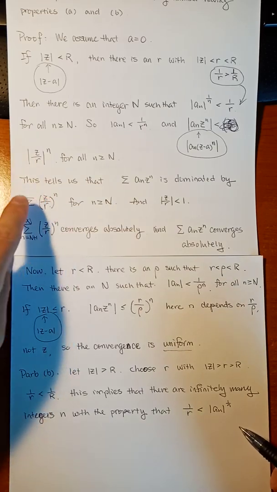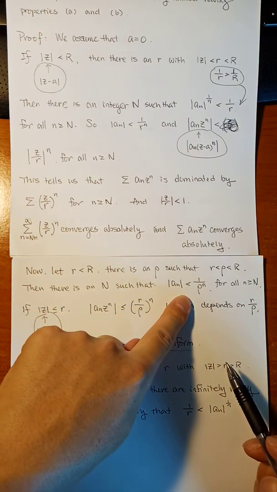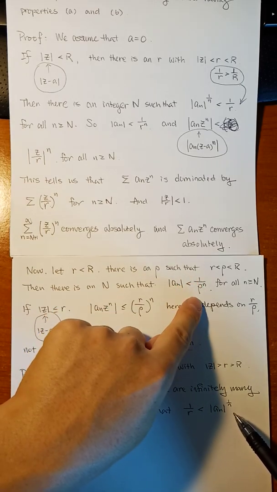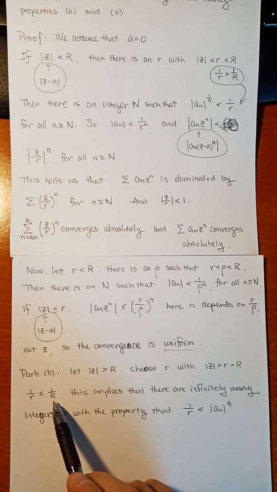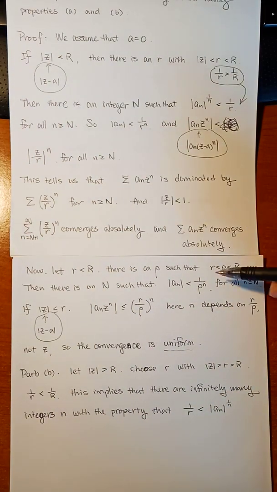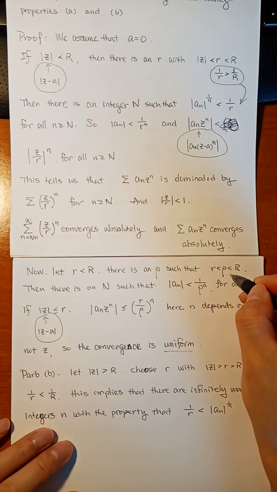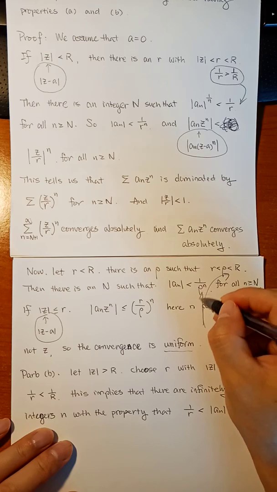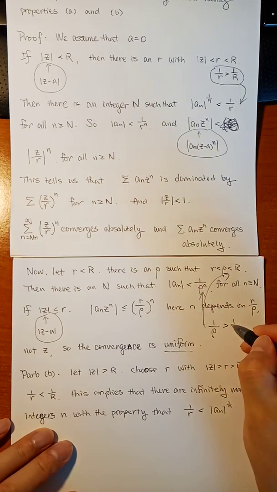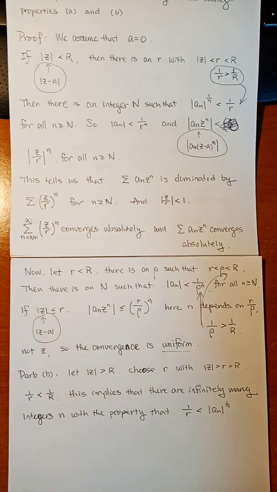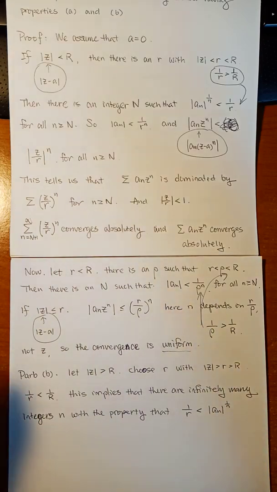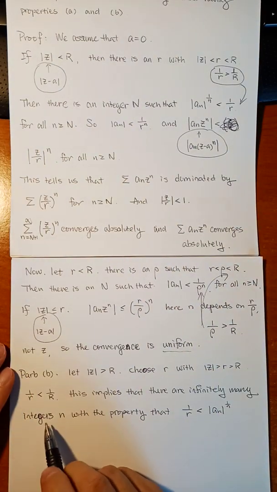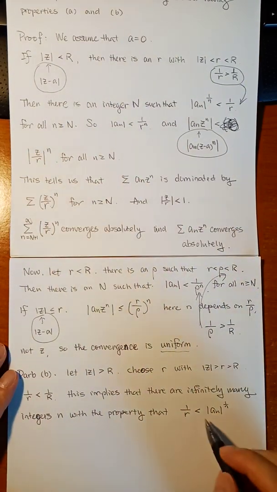Usually we say the condition is more or less like this: the absolute value of a sub n is less than 1 over r to the n, 1 over r. But here, because it's less than 1 over capital R, this one should be greater than 1 over capital R. Since 1 over rho is greater than 1 over capital R, you have the same thing. But here it is less than 1 over capital R, so it's not the limit of the supremum, so you can always find an integer. It breaks the condition.